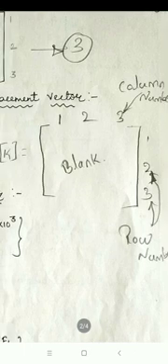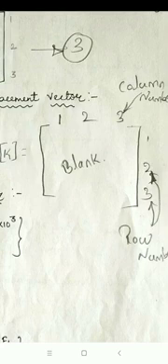I have written 1, 2, 3 as column numbers and 1, 2, 3 as row numbers. Why 1, 2, 3? Because there are 3 nodes, hence the size of the global stiffness matrix becomes 3 cross 3. That's why I have written that. Now, in the place of column 1, row 1, what I have to write, we will see here.